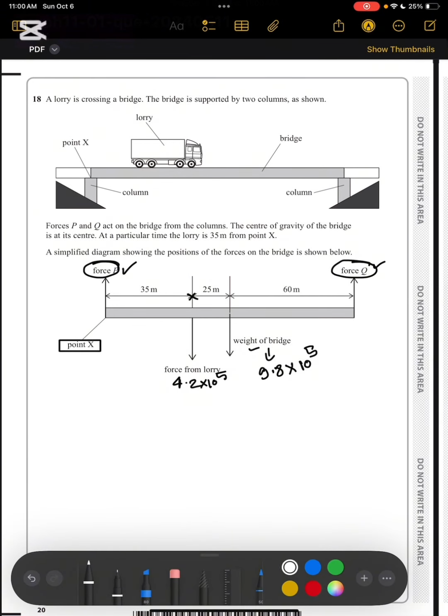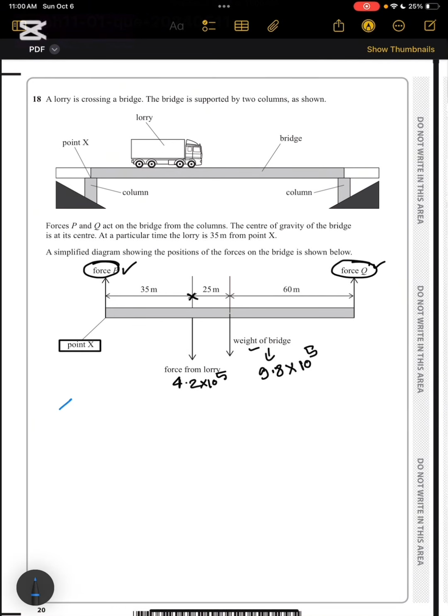So we can write total clockwise moment is equal to total anti-clockwise moment.